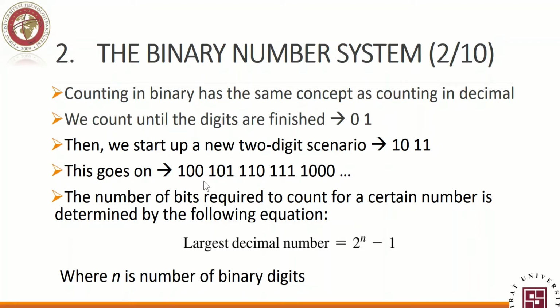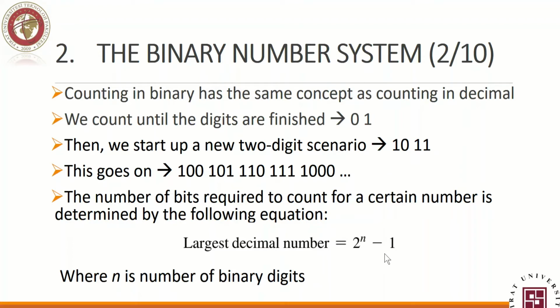All right, so how can we count decimal numbers, or what is the limit, or how can I know how many digits I need in the binary system to represent a decimal number? We have a simple equation to do that. You need to know how many digits you need to represent a certain decimal number. So if you are going to count from, let's say, 0 to 7, how many digits do you need?